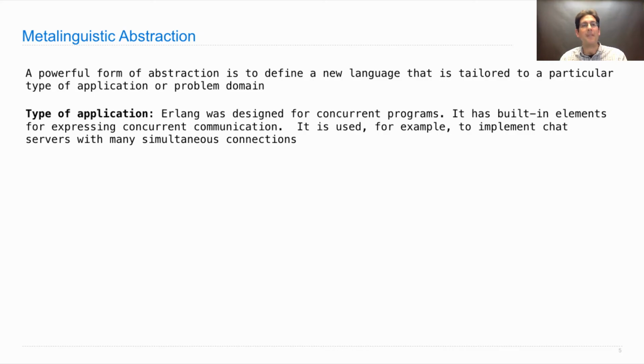That's a kind of concurrent communication problem that would benefit from having a specialized programming language. And Erlang is also used, for example, to implement chat servers with many simultaneous connections, where lots of people are talking to lots of other people, and the program has to keep it all straight.